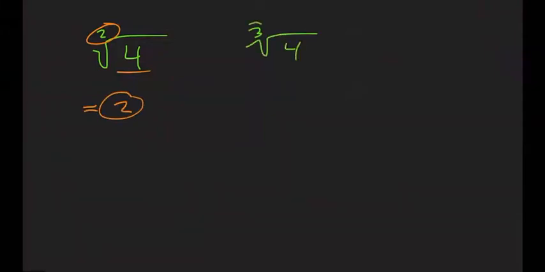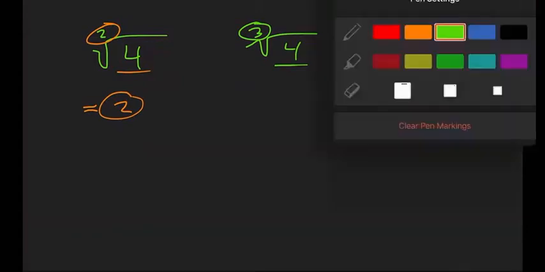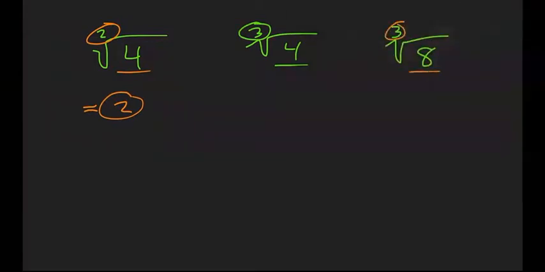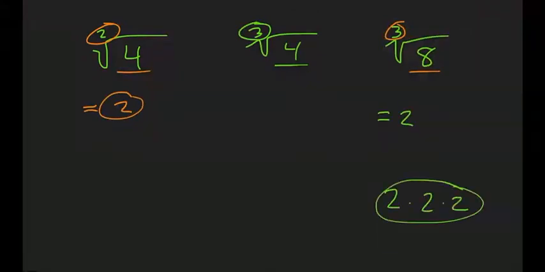That's saying what number multiplied 3 times gives us 4. And that one's not going to work out nicely, but let's say we had cube root of 8. That's saying what number multiplied 3 times gives us 8. And that's going to be 2, because 2 times 2 times 2, 2 multiplied 3 times is 8.